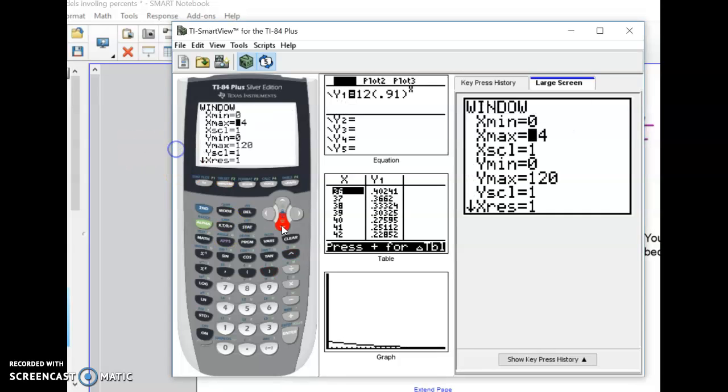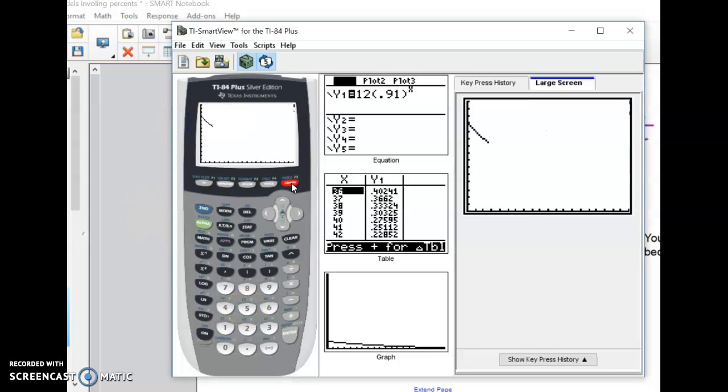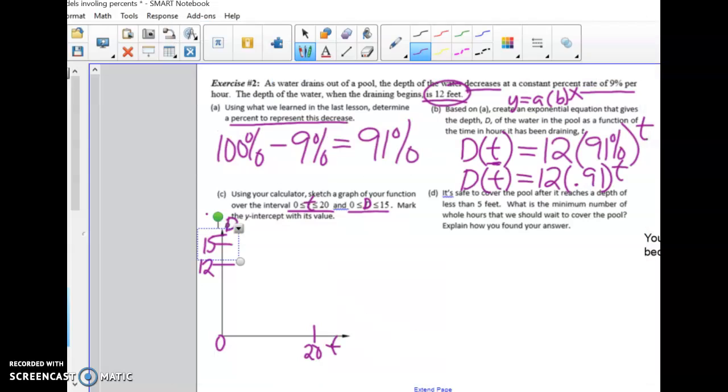We want to go from 0 to 20, and then we want to go from 0 to 15 for the y-axis. Go ahead, press the graph button, and you're going to see a plane landing, right? It's going to start up at 12, and it's going to gradually come down. So y-intercept of 12, gradually come down and get to around 0, but not ever going below 0.